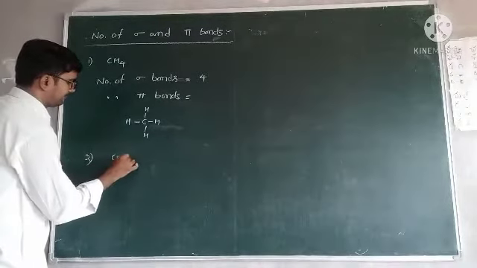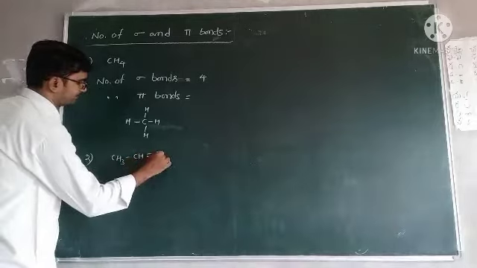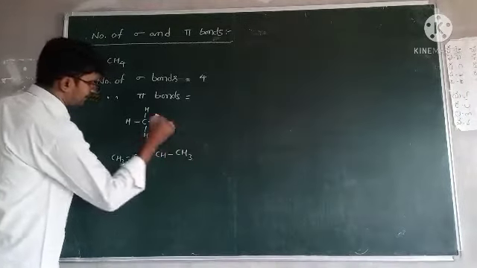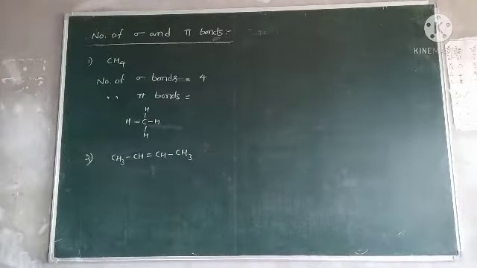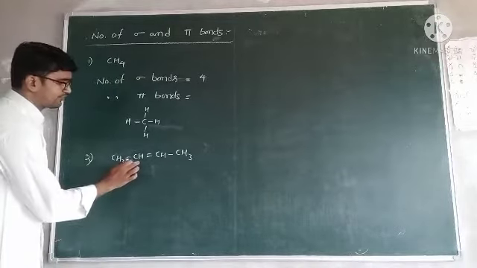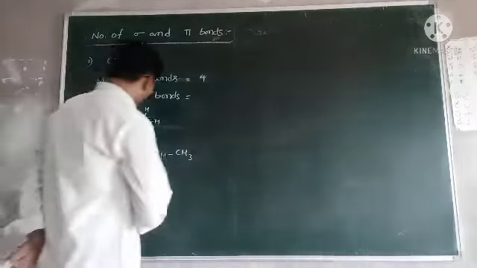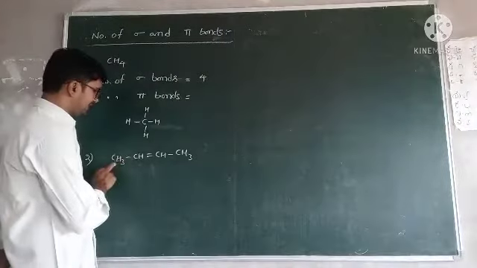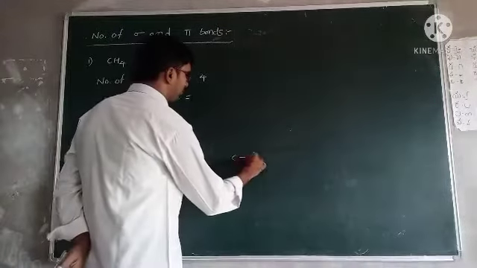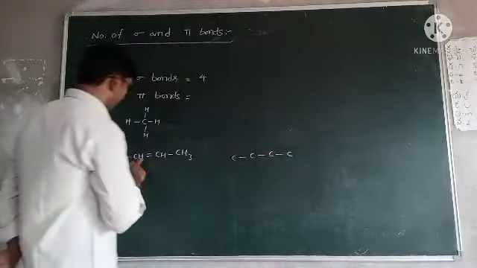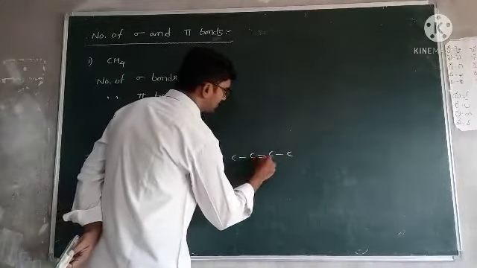Okay, see this structure. Here, how many sigma and pi bonds? First write the open structure for this one. Open structure means CH3, first C. Write like this: 1, 2, 3, 4. Between these two carbons, a double bond is present.